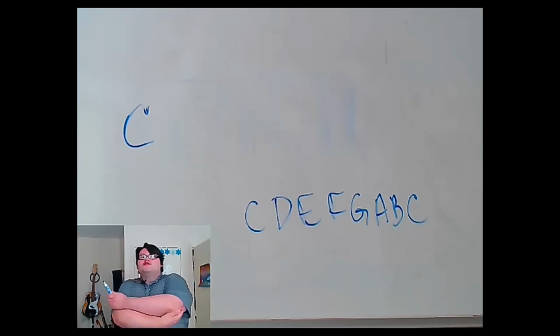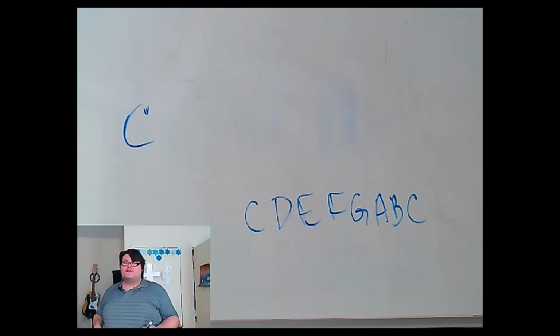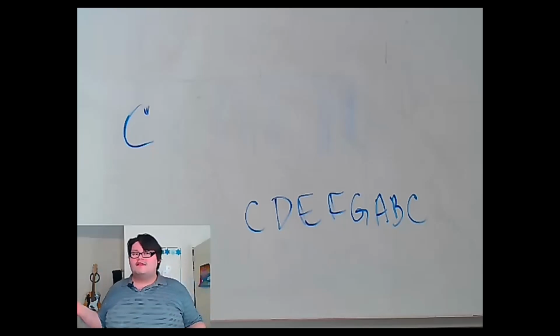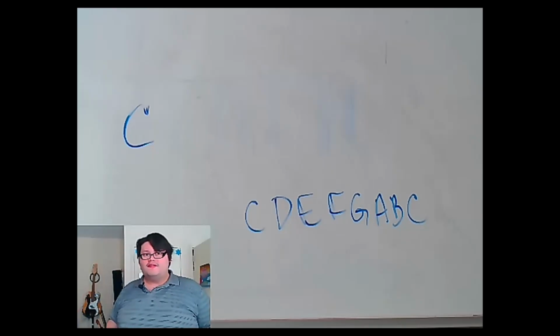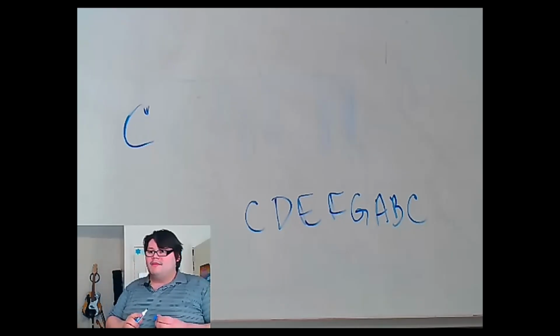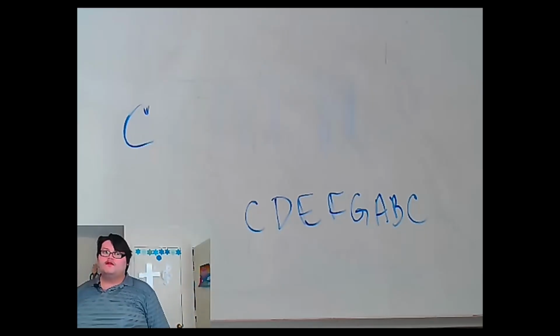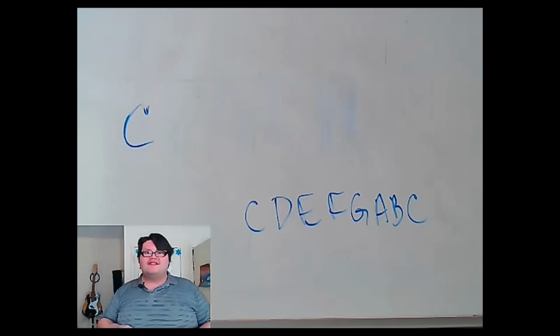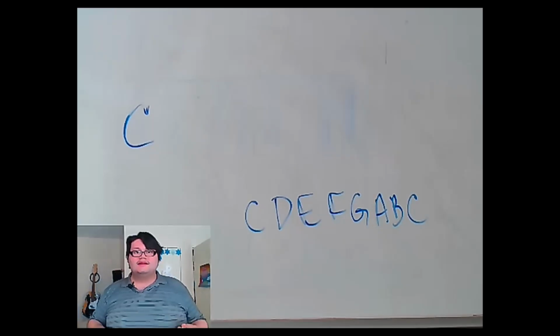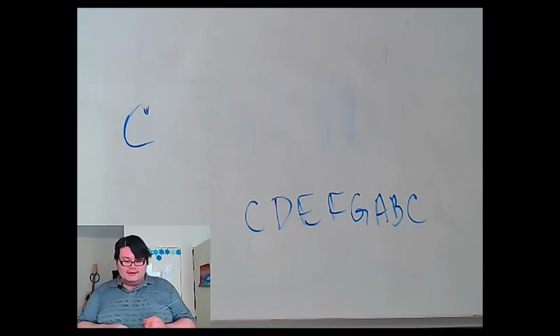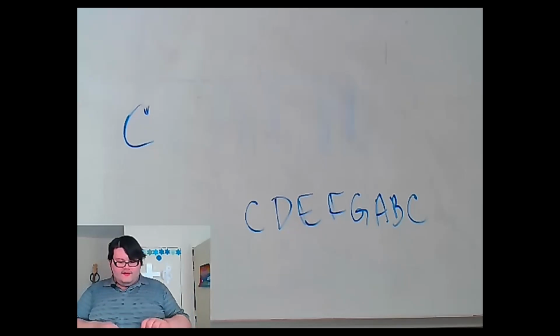Now we're going to figure out how to get from one scale to the next in the order of the circle of fifths. How do we do that? I mentioned that we do that by going to the fifth note of the key. So let's work on it together.